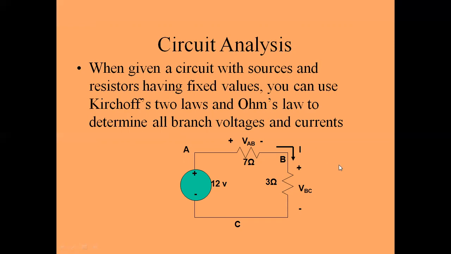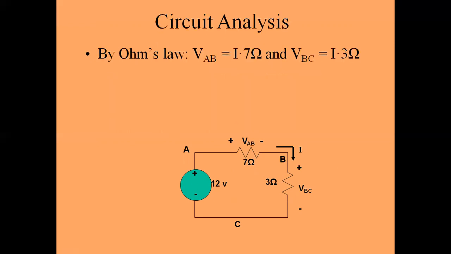Let us say the voltage across the 7 ohm resistance, between terminals A and B, is VAB. The voltage across the 3 ohm resistance, between points B and C, is VBC, and this is the 12-volt battery source. By Ohm's law, VAB, the voltage drop across the 7 ohm resistance, is the current flowing through it multiplied by the value of the resistance.